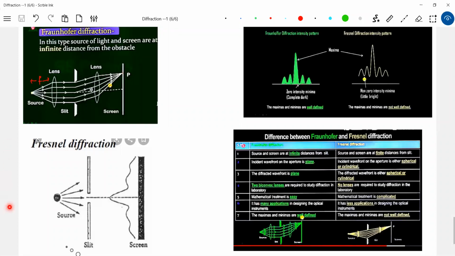So let's get into the diffraction. What is there in the syllabus? First, what is the pattern?